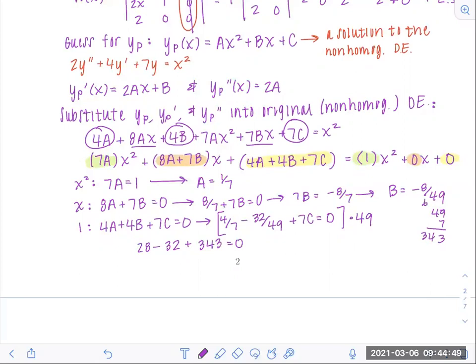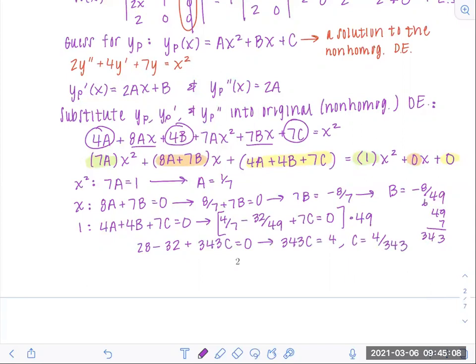And I dropped my c, so let's add that back in. So I get 343c equals 4, looks like. And so I conclude that c equals 4 over 343.